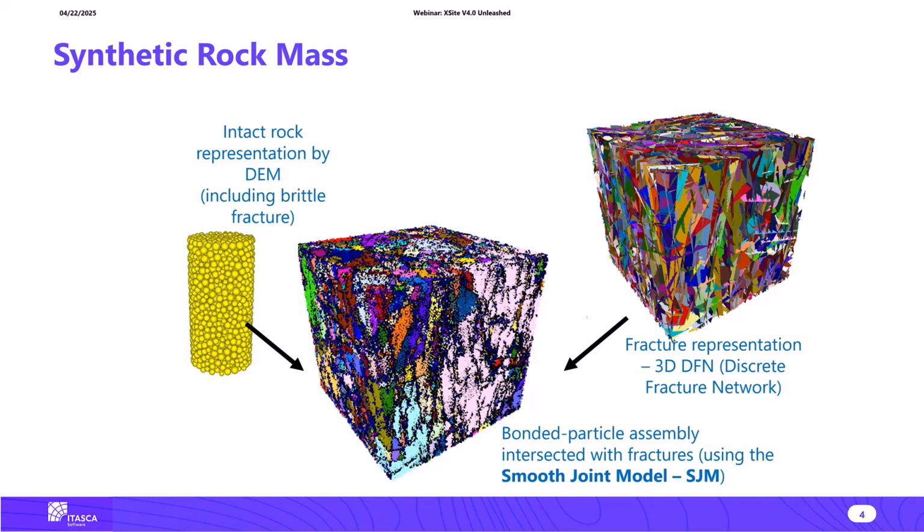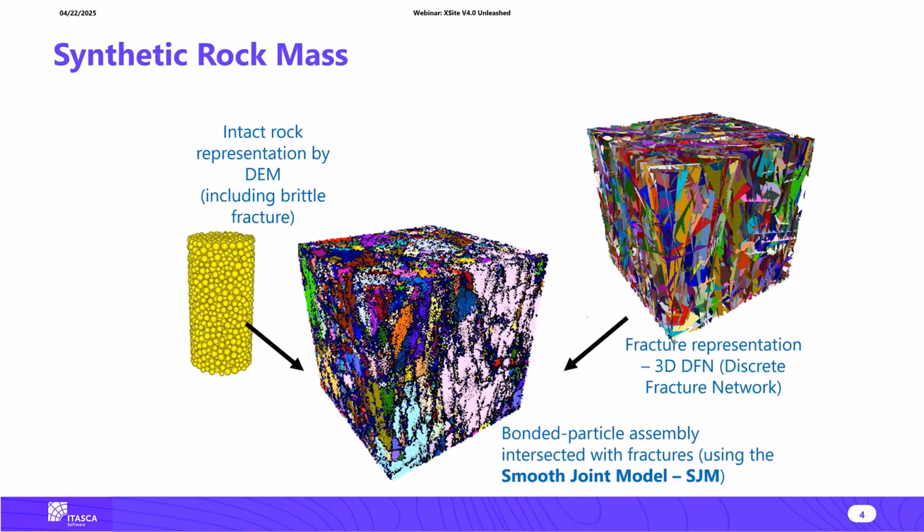And in PFC, the intact rock mass was represented by a bonded particle model. And we found that the bonded particle model quite well represents the mechanical behavior of brittle rocks, deformation, and cracking. Basically it has the capability to simulate fracture propagation in the intact rock.